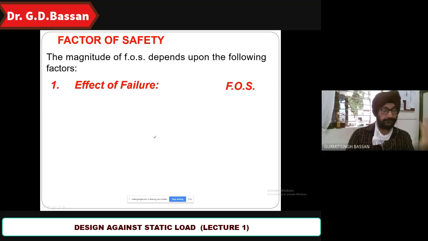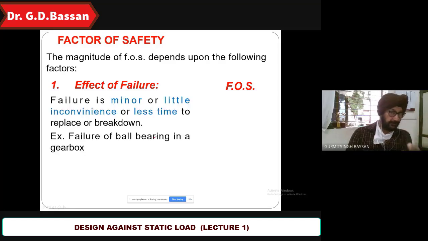So the first is when failure is minor, a little inconvenience, or less time is required to replace. Then what should be the magnitude of the factor of safety? Is it low or high? It must be low. For example, failure of a ball bearing in a gearbox.